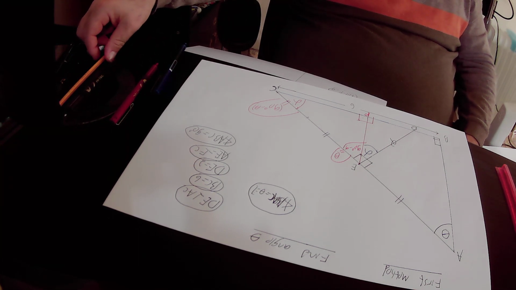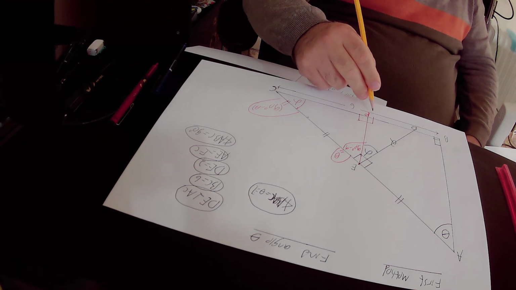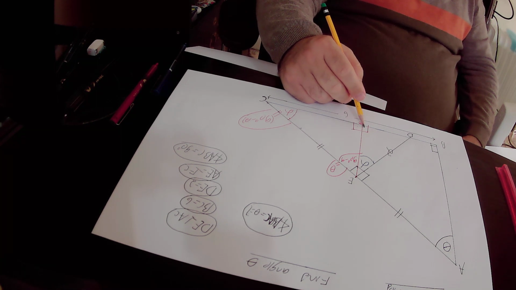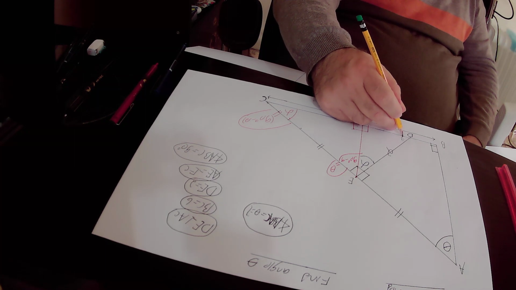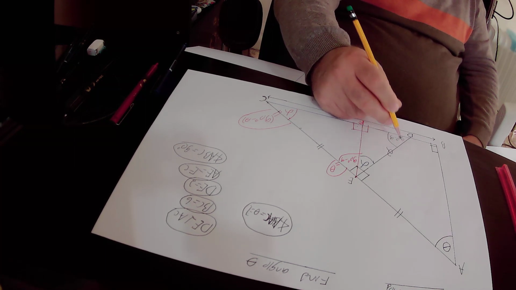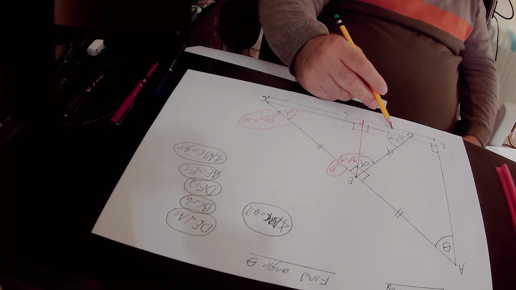So in the right triangle DEF, this angle equals 90 degrees, this angle equals alpha. So this angle must be equal to 90 degrees minus alpha in order to complete the sum of the angles, 180 degrees, in this right triangle DEF.